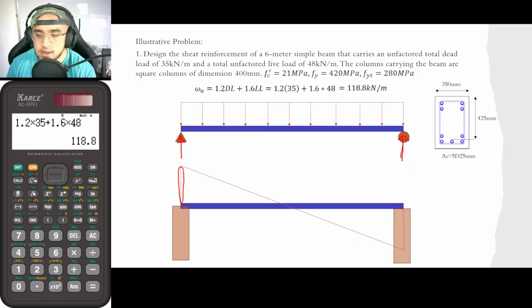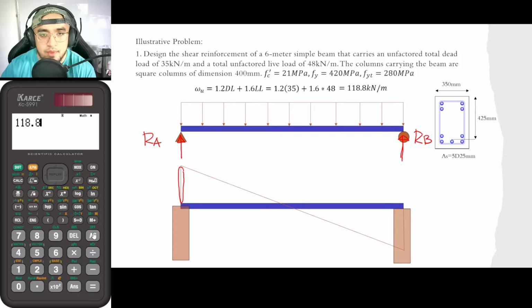However, in our problem here, the problem actually shows us a symmetric loading. Meaning that this reaction here is actually the same as our reaction here, because they just split it, the loading is equal. Again, it would be up to you how you would be solving for it, but in my case, I would just be solving it like this.